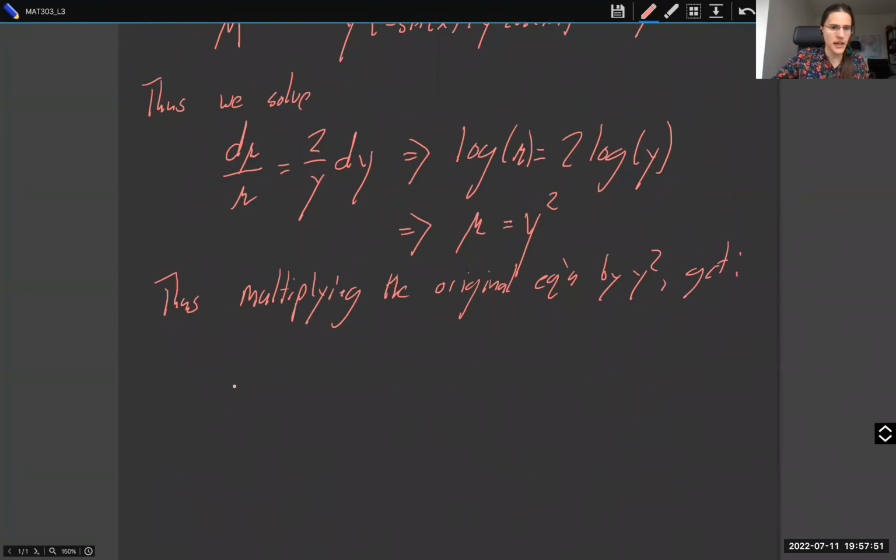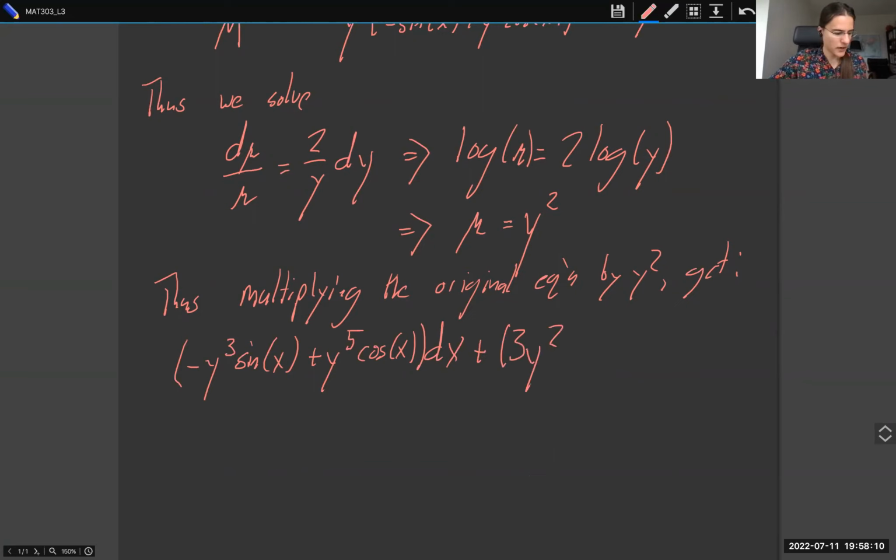You get minus y cubed sine x plus y to the 5th cos x dx plus 3y squared cos x plus 5y to the 4th sine x dy is equal to 0, which is exact.